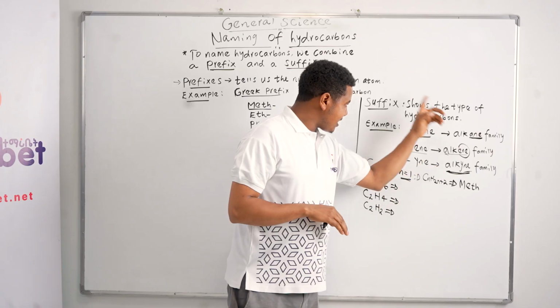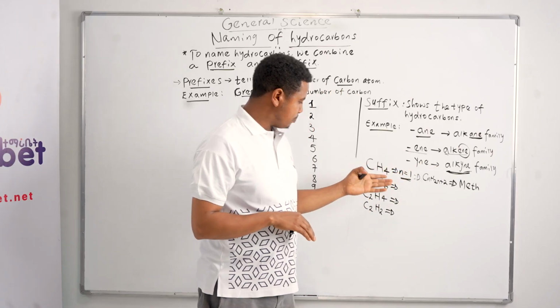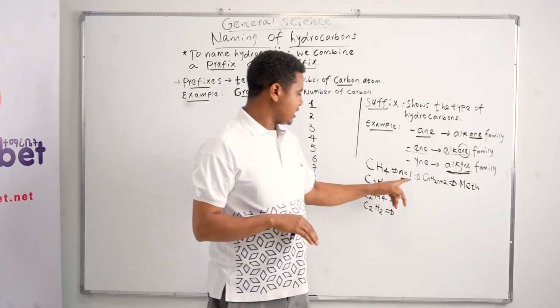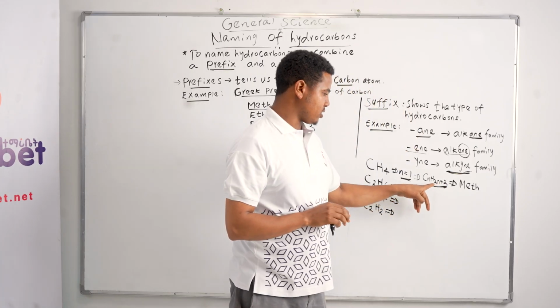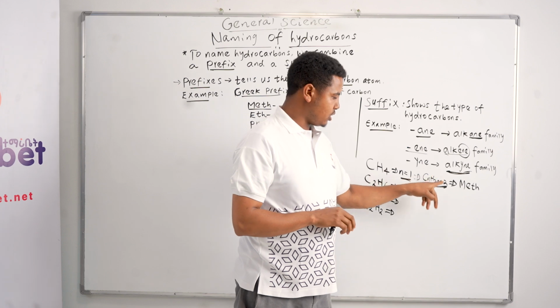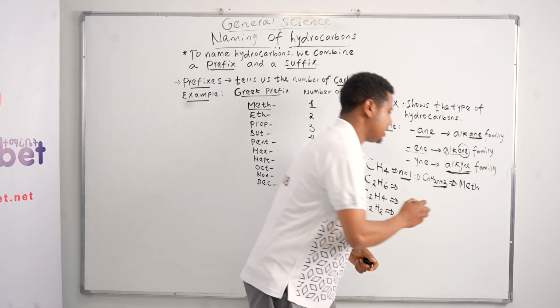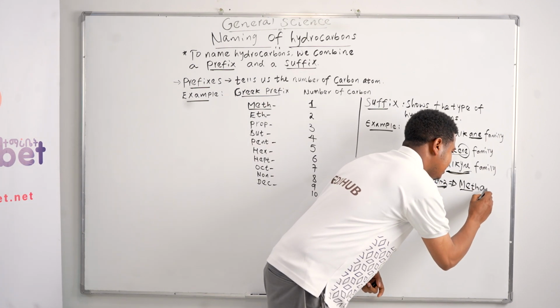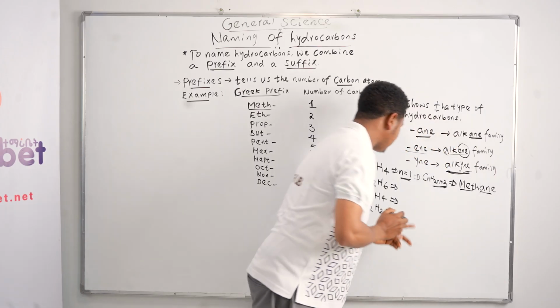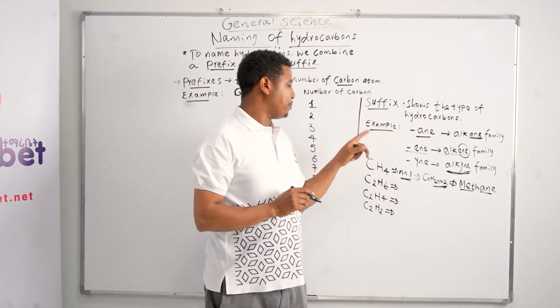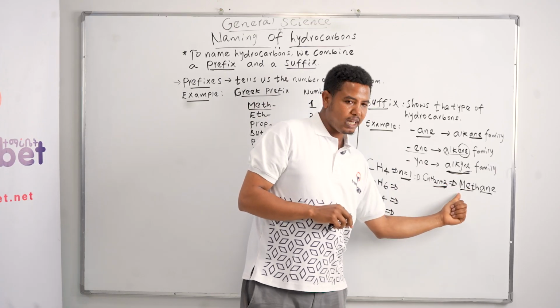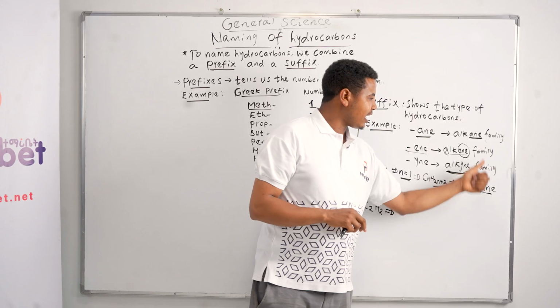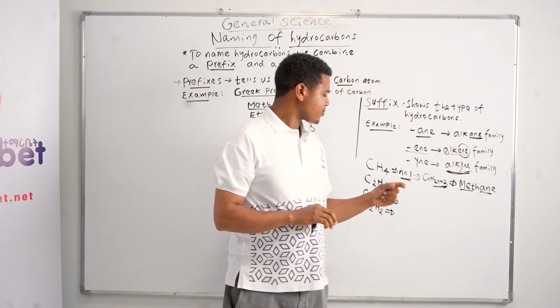So we have to investigate the suffix by looking at the bond. Over here it is the alkane formula, because the formula shows CnH2n+2. So you have to add the last 3 letters, Ane. So the name of this compound is methane, because Meth shows the number of carbon atoms is 1 and the compound is in the alkane family.